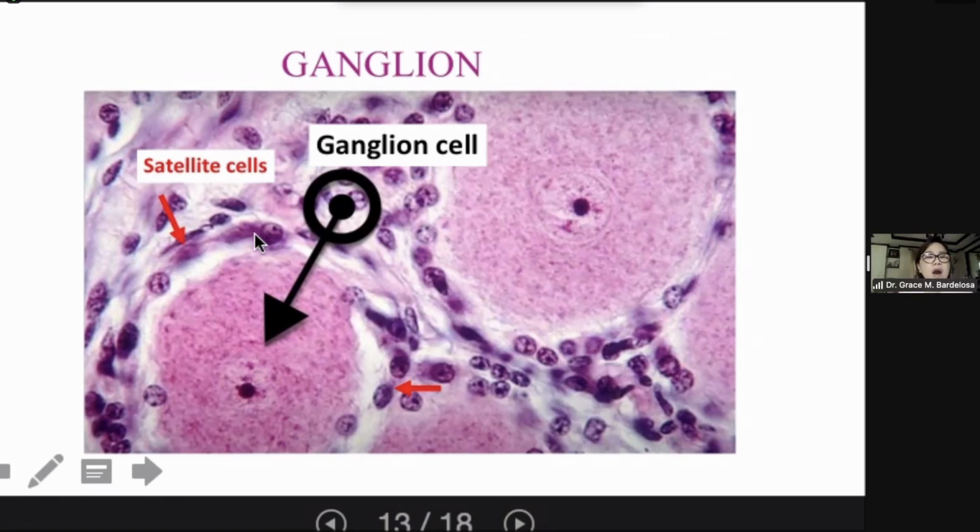We can also see some cells called satellite cells that surround each ganglion cell. These satellite cells function to insulate, they nourish also, and regulate the microenvironment of ganglion cells. So these are the ganglion cells, and surrounding them are the satellite cells.